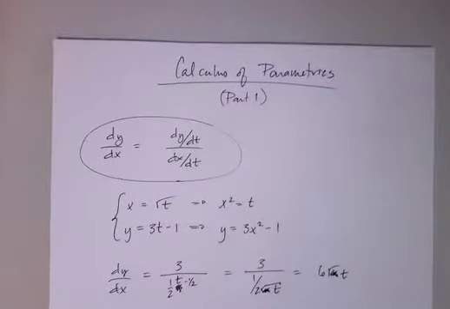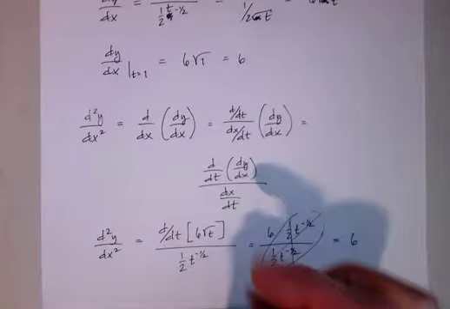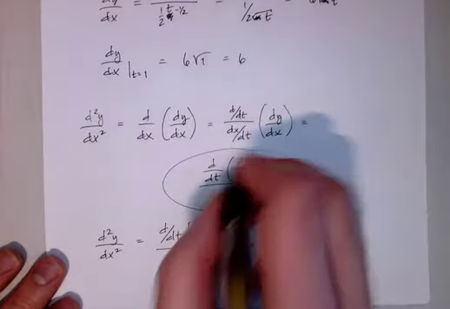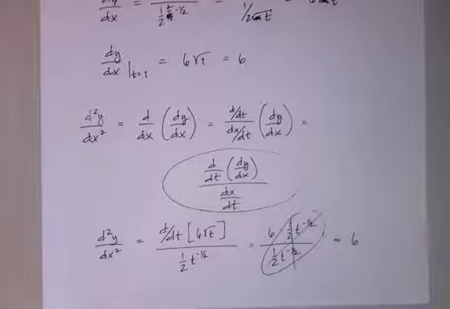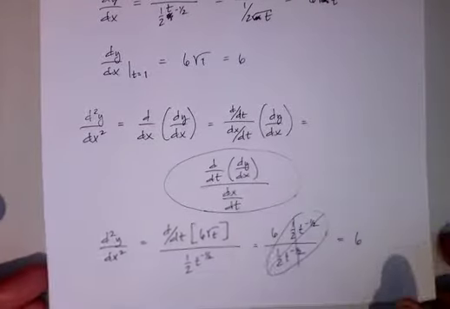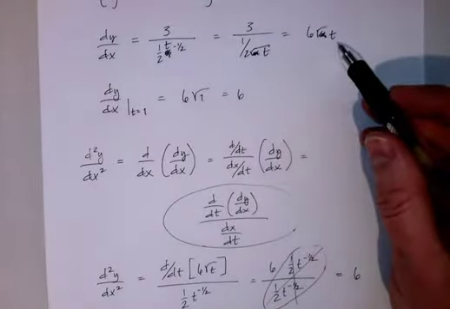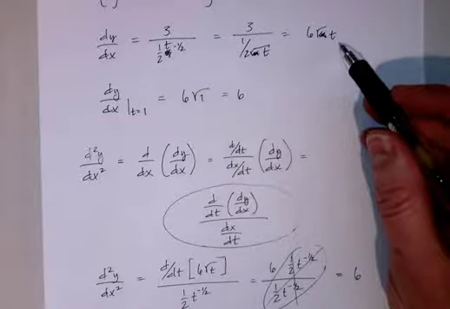But it is incredibly important that you remember that taking the second derivative is not as straightforward as you would think. It's not just taking the derivative again of dy/dx, because your dy/dx is in terms of t with an implied relationship to x, right?